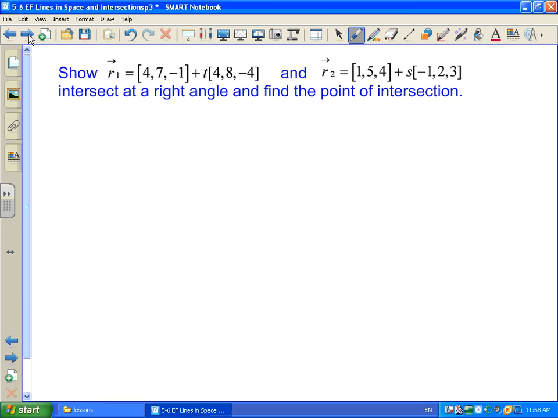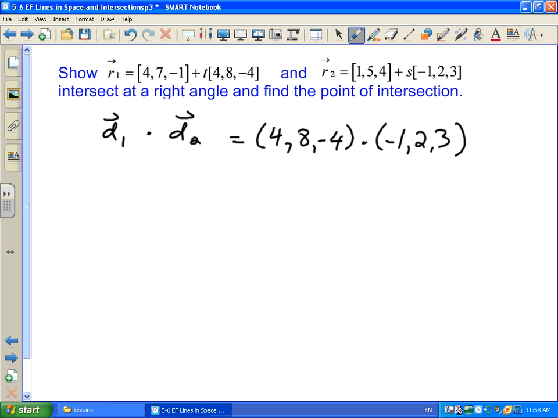Yeah, so let's get our two direction vectors here. We're just going to do d1 dot d2. The dot product of our direction vectors is going to be (4, 8, -4) dotted with (-1, 2, 3), which gives us -4 plus 16 minus 12, which gives us 0.